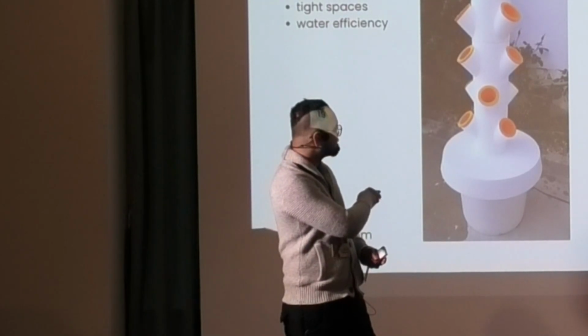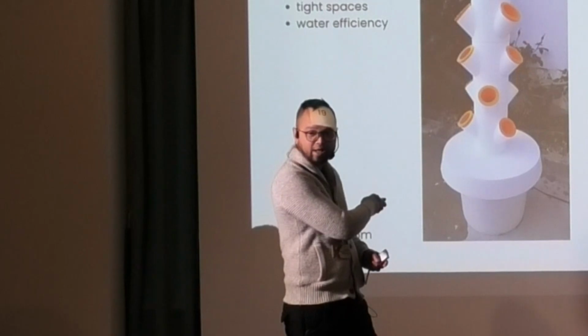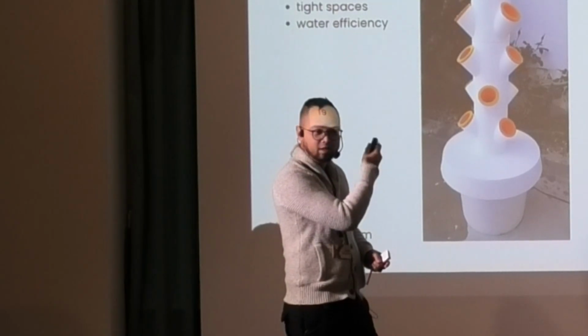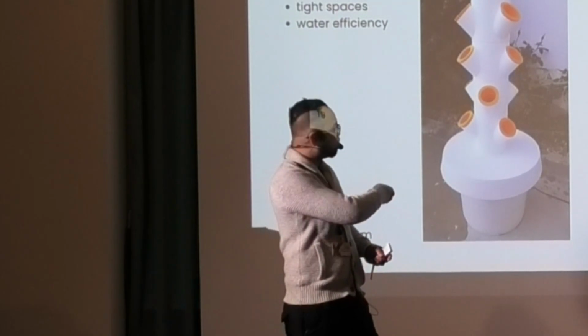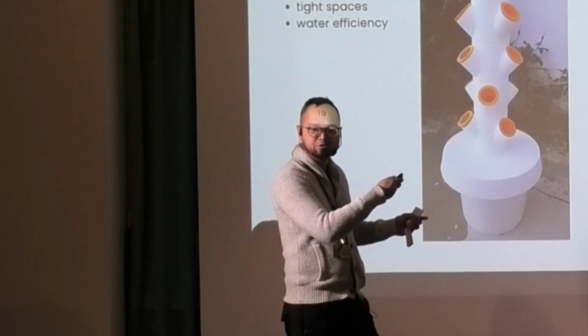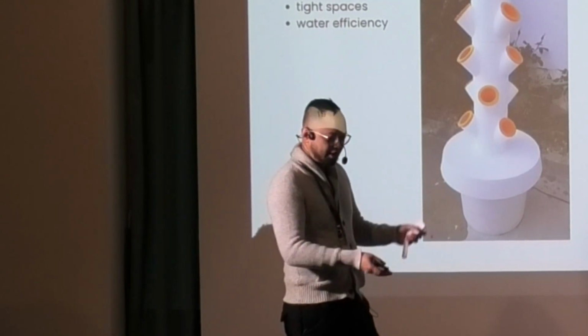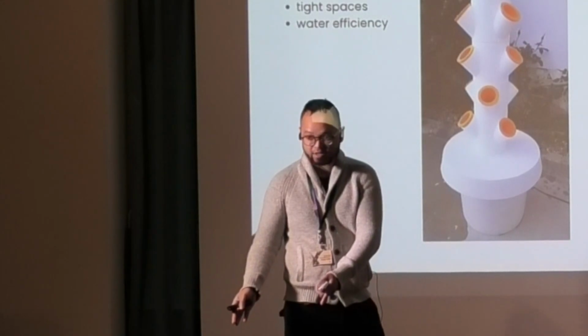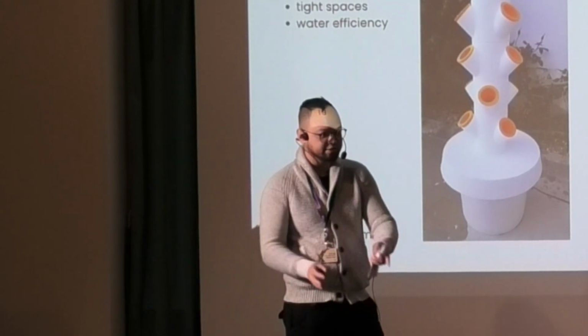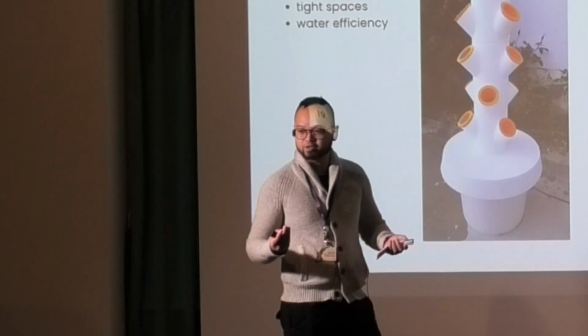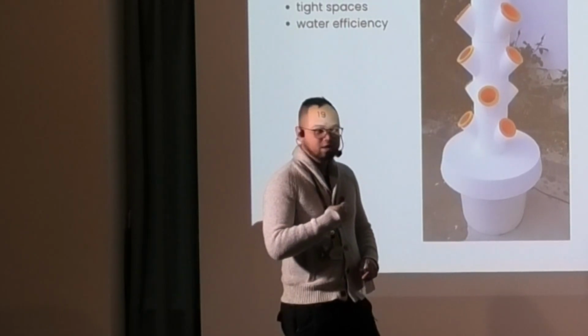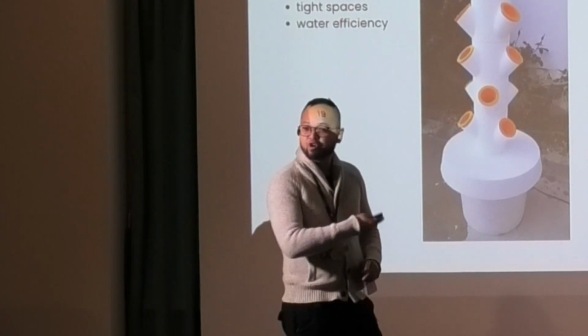Each stack holds about three plants, so one stack could hold about 30 different plants. So imagine you just have one stack, you have 30 plants, and then you just have a row of them. Now you have your garden in an urban space, so it's addressing an issue of urban farming.